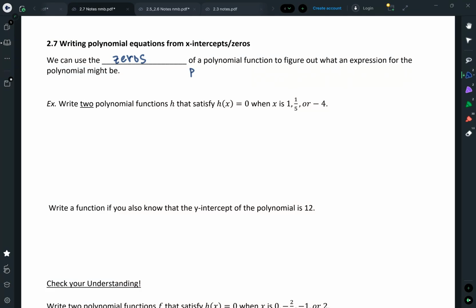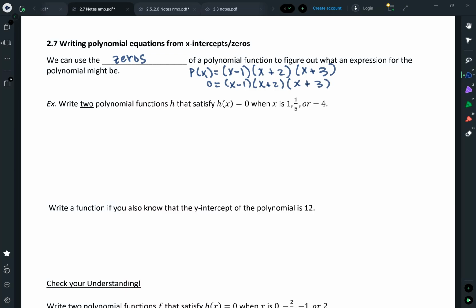If I have a function p of x equals x minus 1 times x plus 2 times x plus 3, then the way I would get my zeros is I would make my function equal to 0, and I would solve with the zero product property.